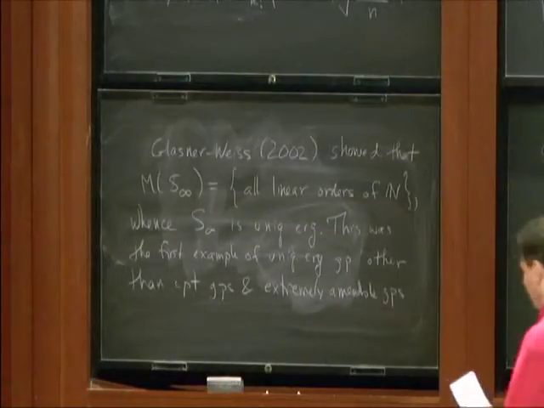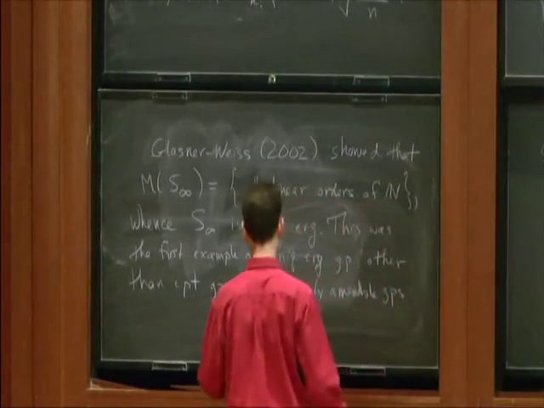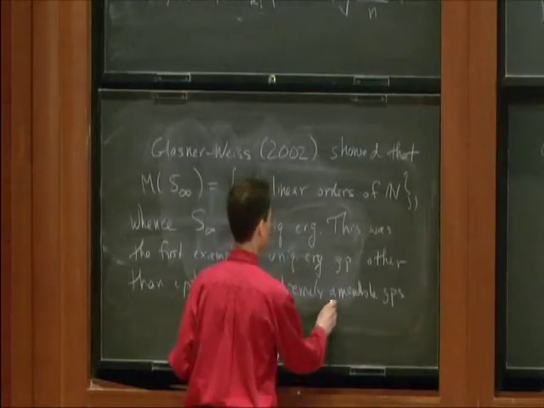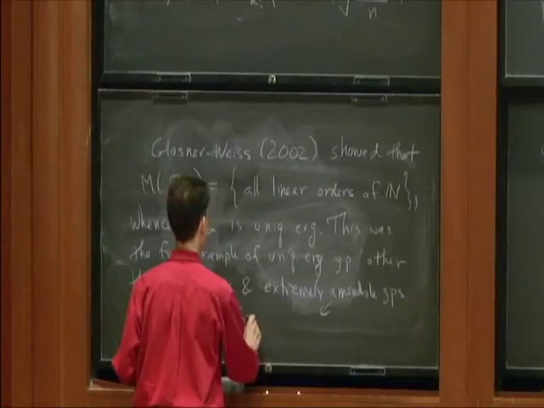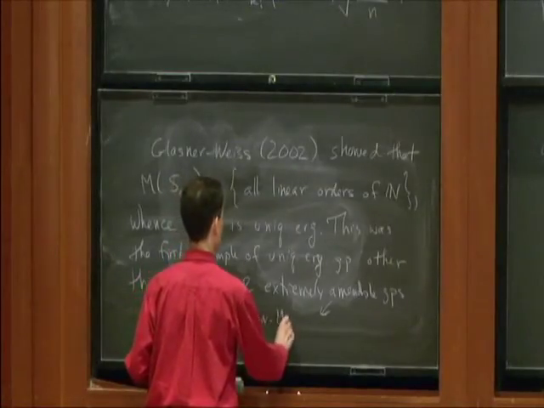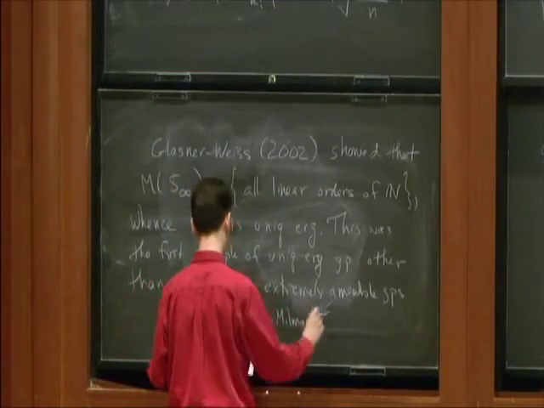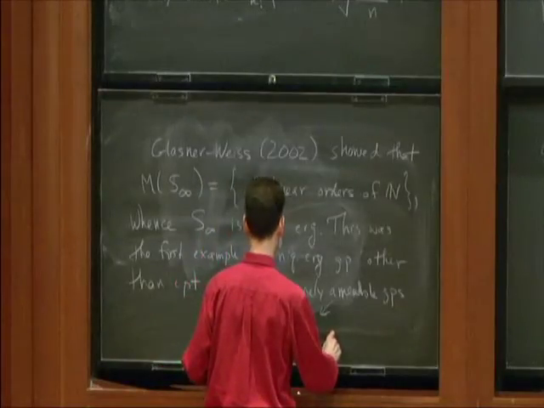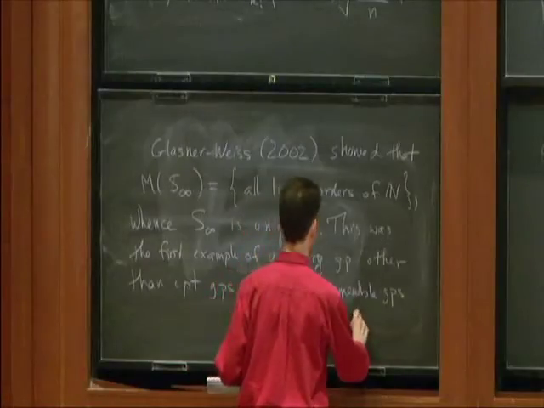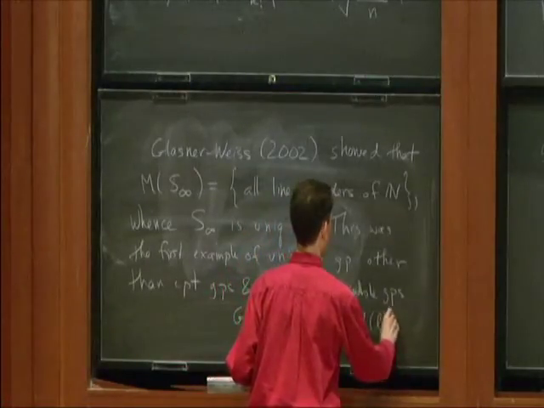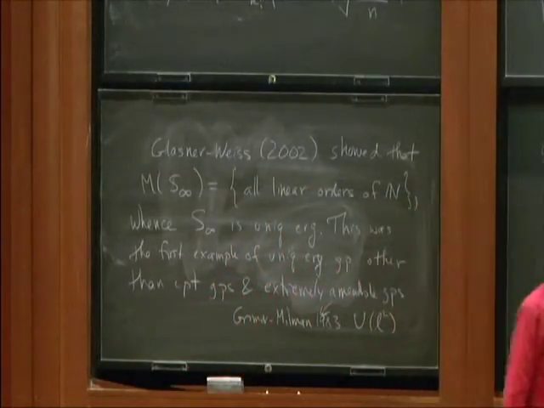Now, those aren't so easy to come by. In fact, I think the first example of that was by Gromov and Milman in 1983, and used concentration phenomena. This was the unitary group of separable Hilbert space.